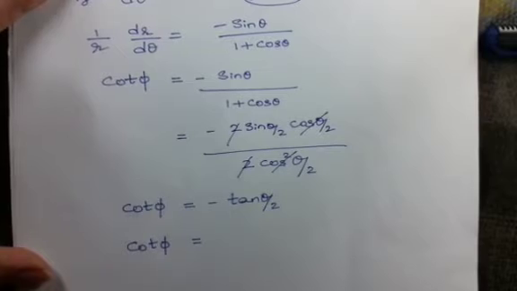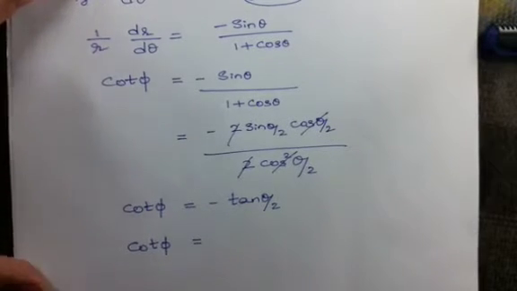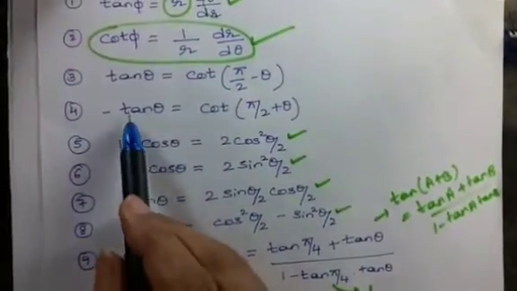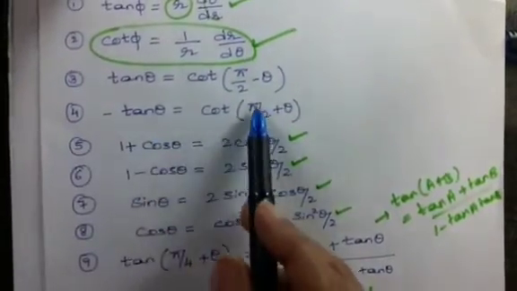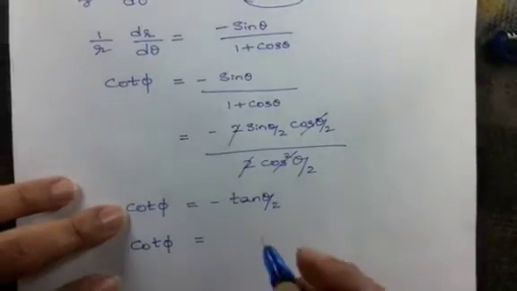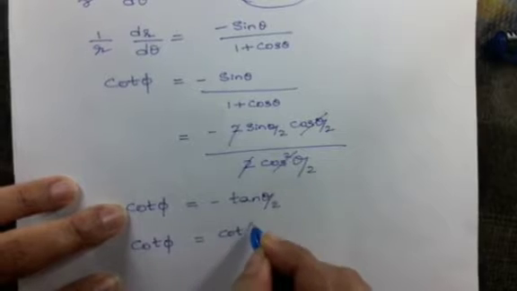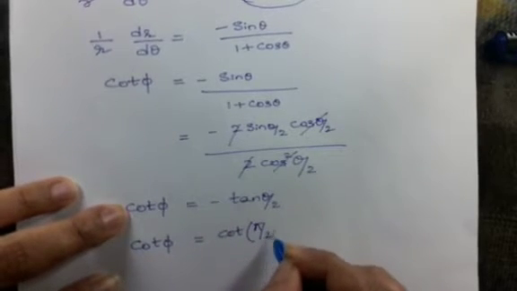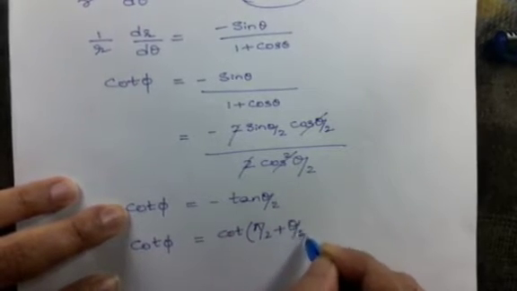So I'll go through the list of formulas I have given you again. Minus tan theta is cot of pi by 2 plus theta, correct? So this is cot of pi by 2 plus theta by 2.